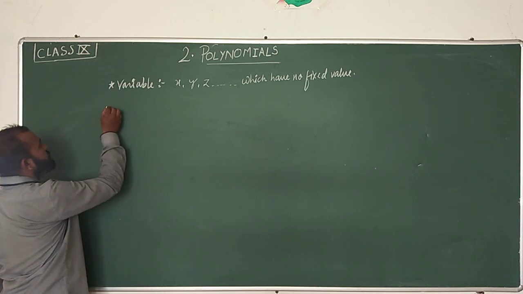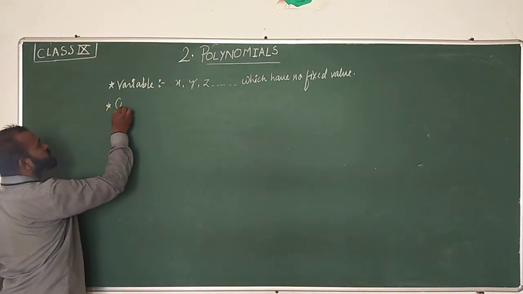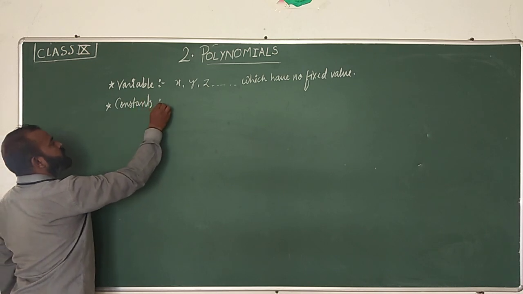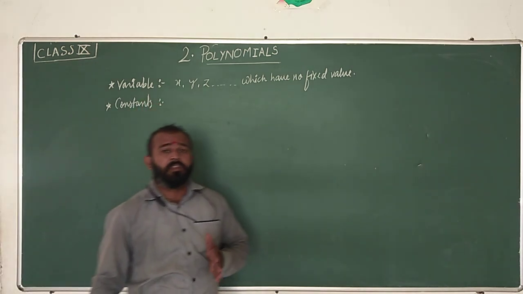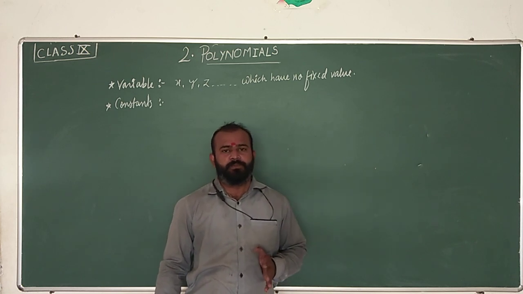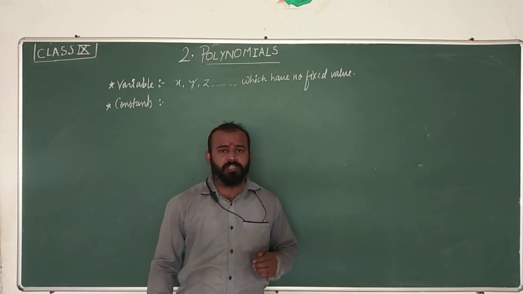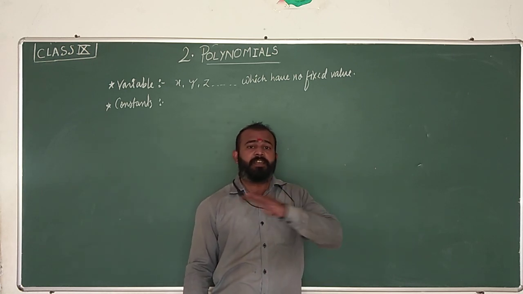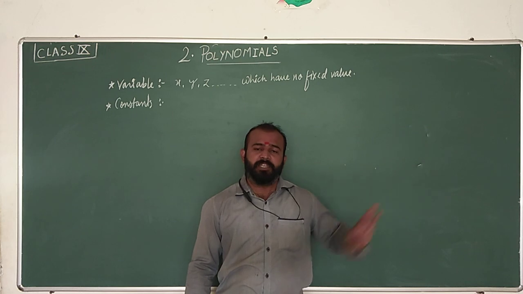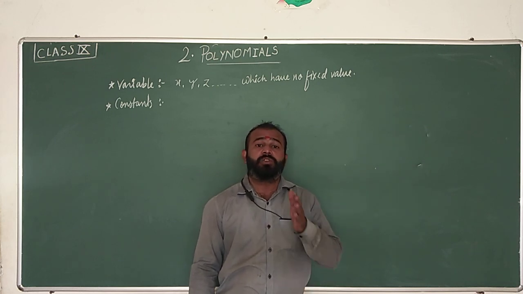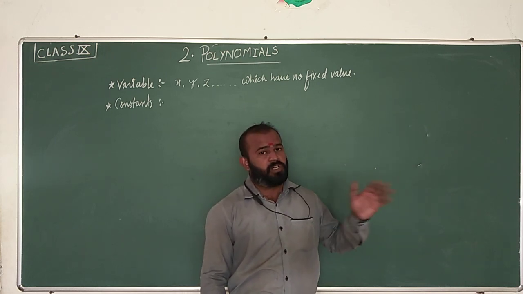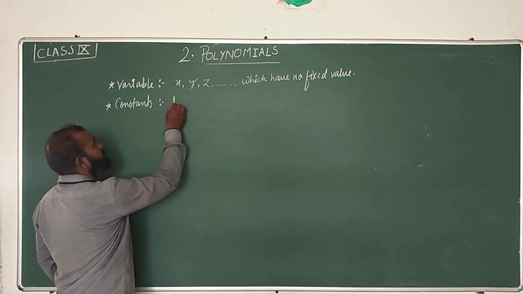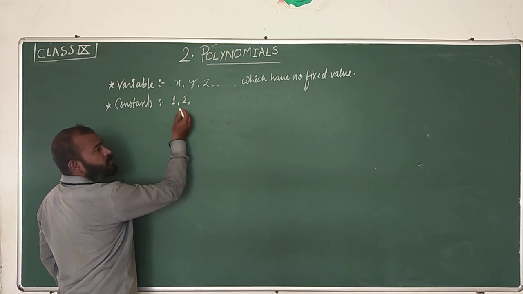After that we learn what constants are. The symbol which has a fixed value is called a constant. That means those which never change, and if you change them, the whole algebraic expression will change. So those are nothing but constants. We can write the examples 1, 2. These are numbers.